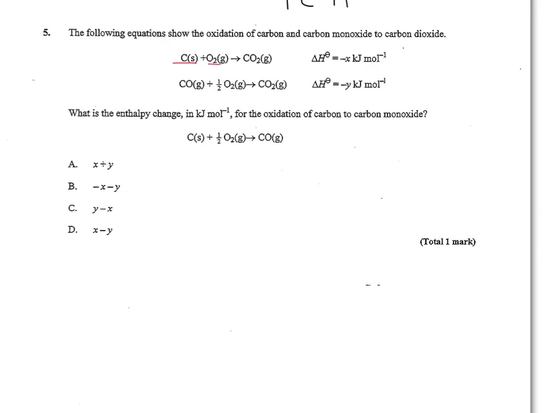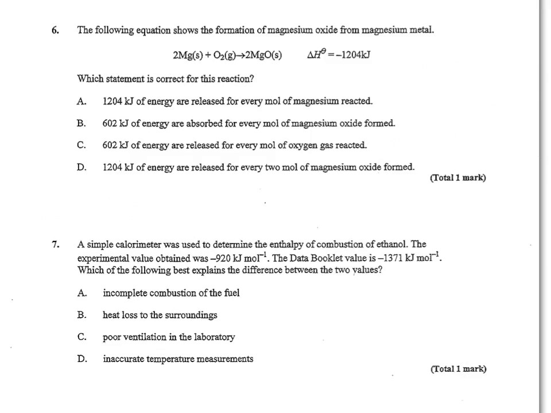So it would appear I can keep this the way it's written, so negative X. The second equation, the CO, I need on the opposite side, so I'm going to have to flip this. So I'm keeping the negative X, but this is going to become positive Y. If you do a quick check, you'll see you don't have to change the amount. So I'm really left with the negative X plus Y, which is the same thing as Y minus X, or letter C. Number 6 was pretty easy.